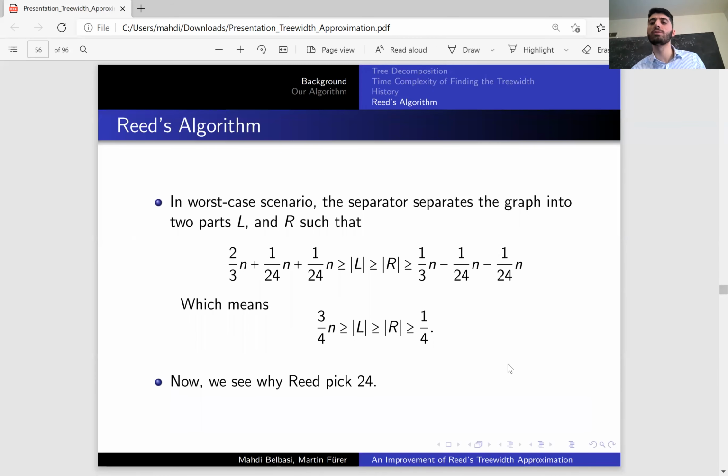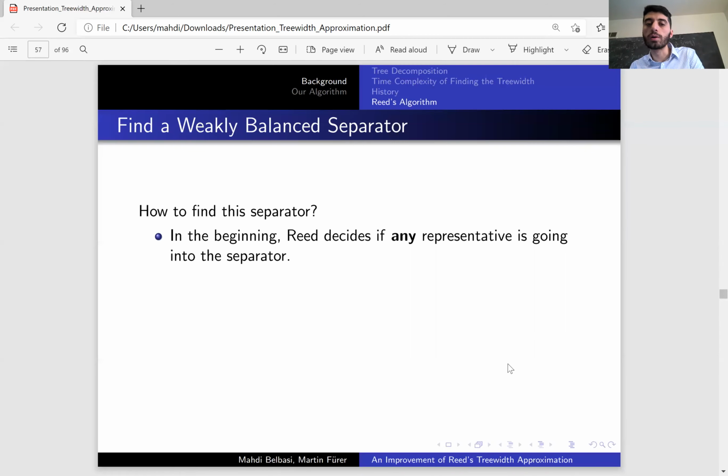Now we see why Reed picked 24, because he wanted to look for something 2/3, 1/3, but then he wasn't able to find it. So he went all the way up to the simplest rational number close to this, which is 3/4. So if you subtract these and divide it by 2, it gives us 1 over 24.